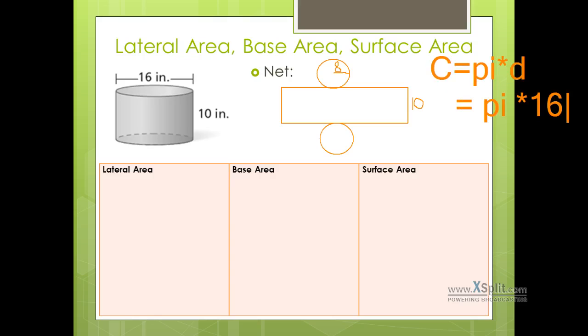Plugging that into my calculator, 3.1415 times 16, 16 multiplied by pi gives us approximately 50.27. That means that this whole distance from here over to the other side is 50.27.